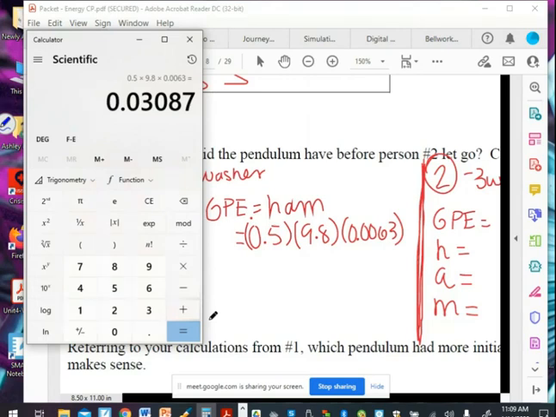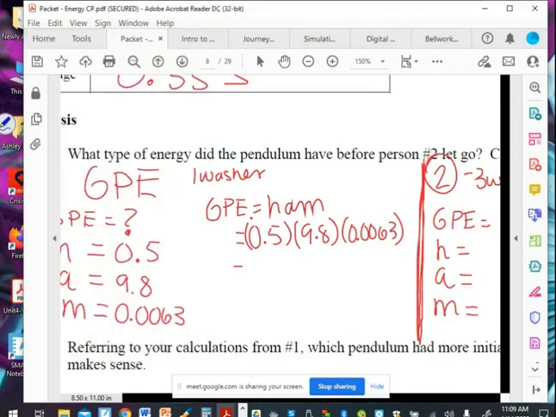What I would like to do is have everybody just go out to 4 decimal places. So this is the number that I get here. 4 decimal places would be 1, 2, 3, 4. So I'm going to stop right there, but I'm going to go ahead and round it. So that would be 0.0309.